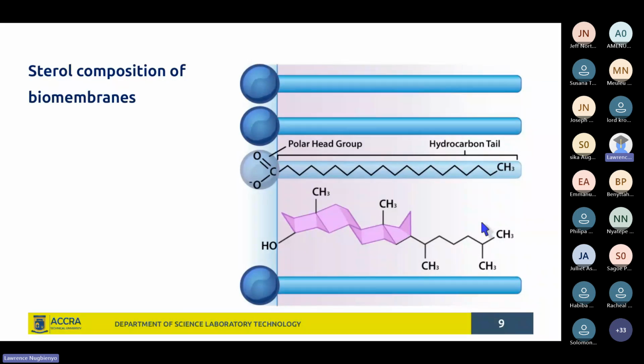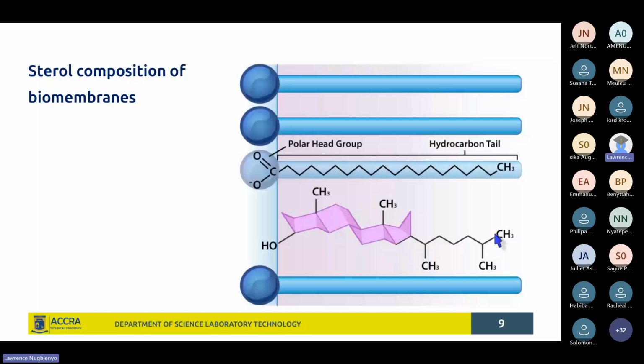You have the ring structure, I mean, the steroid nucleus, which is occupying such a space, a position inside, in between these fatty acid layers, and you also have that side chain, which we saw to be different in different sterols.